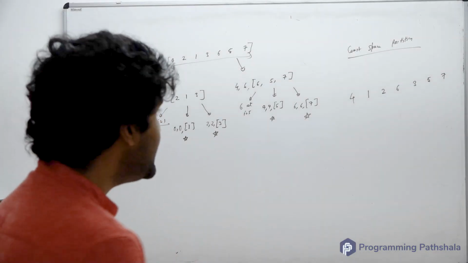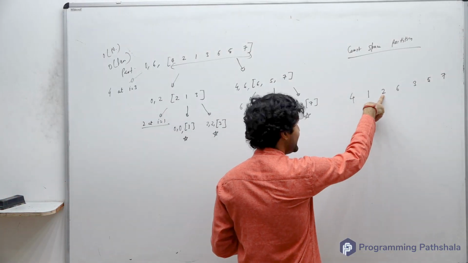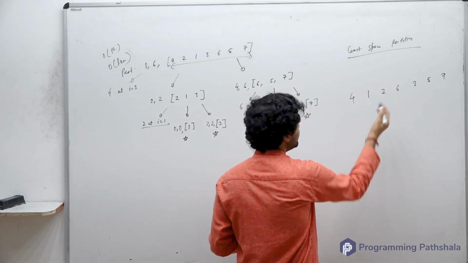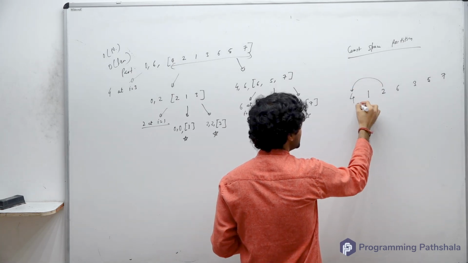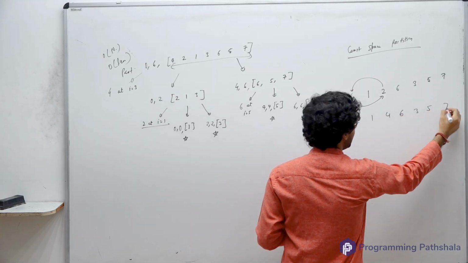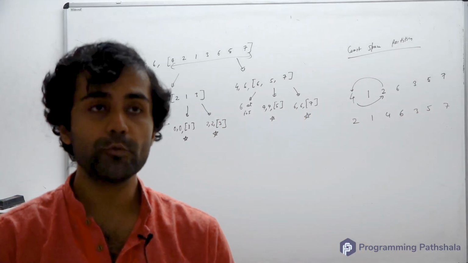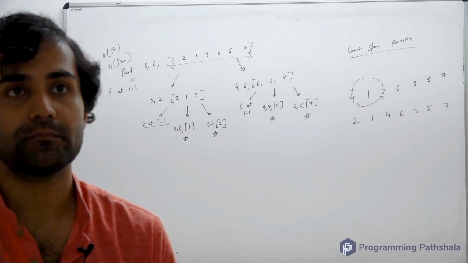So if somebody tells you to use the third element as pivot instead of the first, I will simply first swap this with this, and then apply my regular algorithm, where 2 will be positioned at its deserving position.